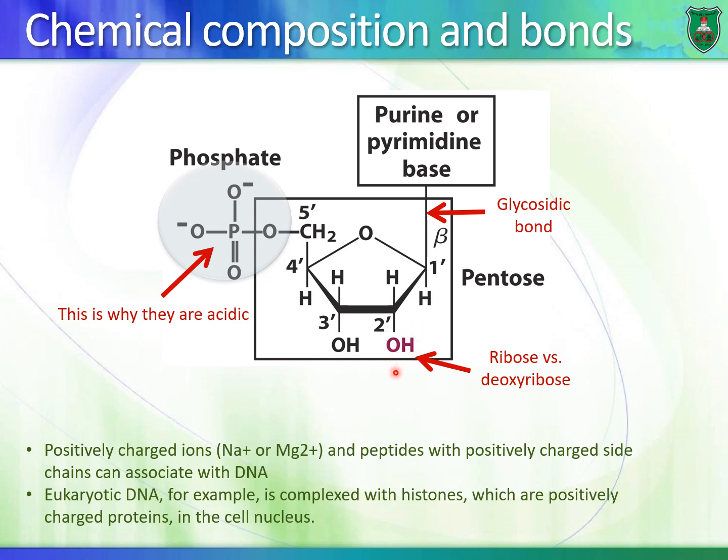So that's a deoxyribose molecule, and this is one difference between DNA and RNA. That is, DNA has carbon number 2 as a hydrogen versus RNA having the hydroxyl group attached to carbon number 2. Now I said that nucleic acids are largely acidic because of the many negative charges introduced by the phosphate group.